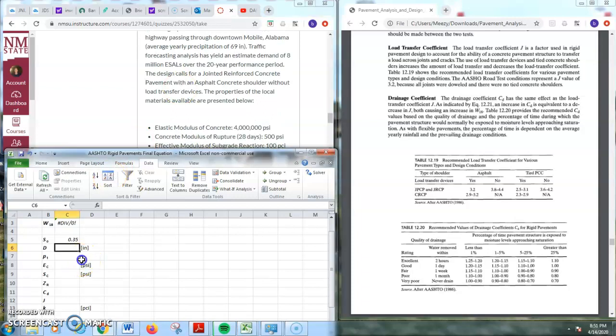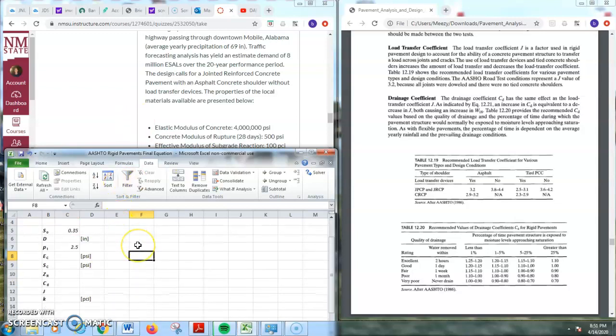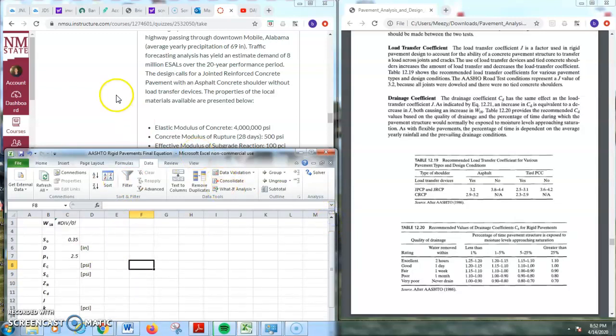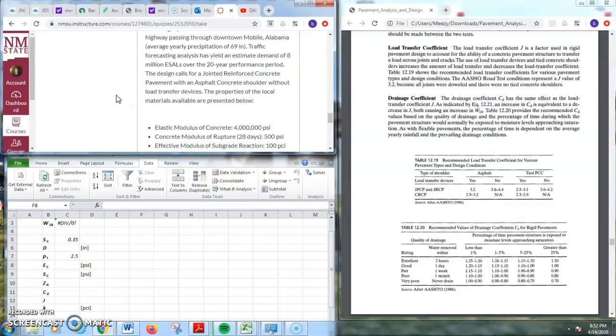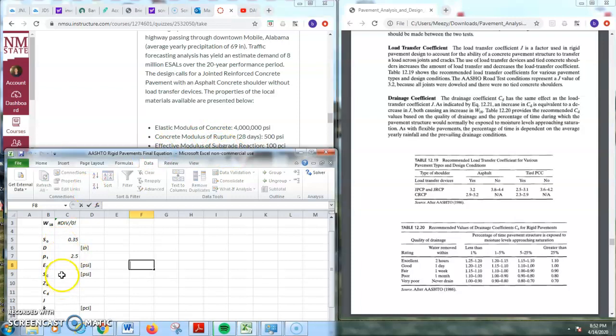Since it is an interstate, PT is 2.5. The concrete modulus of rupture is going to be 500 psi. The elastic modulus of concrete is 4 million.